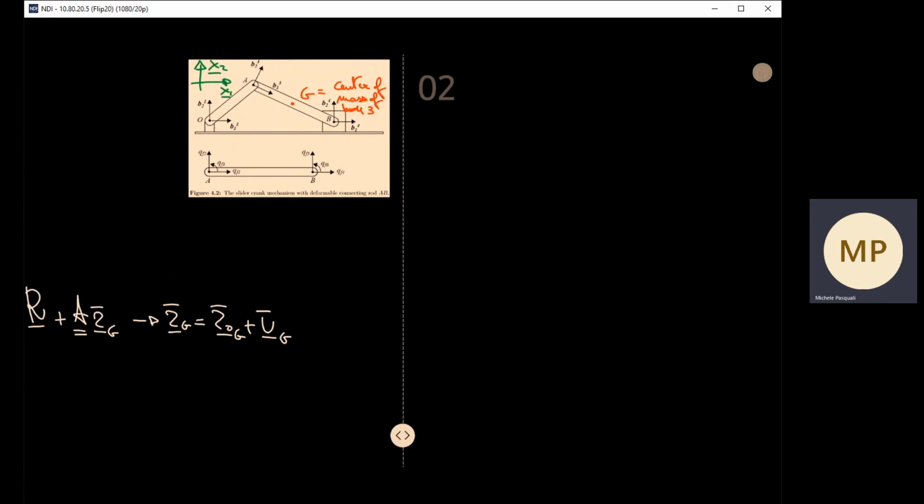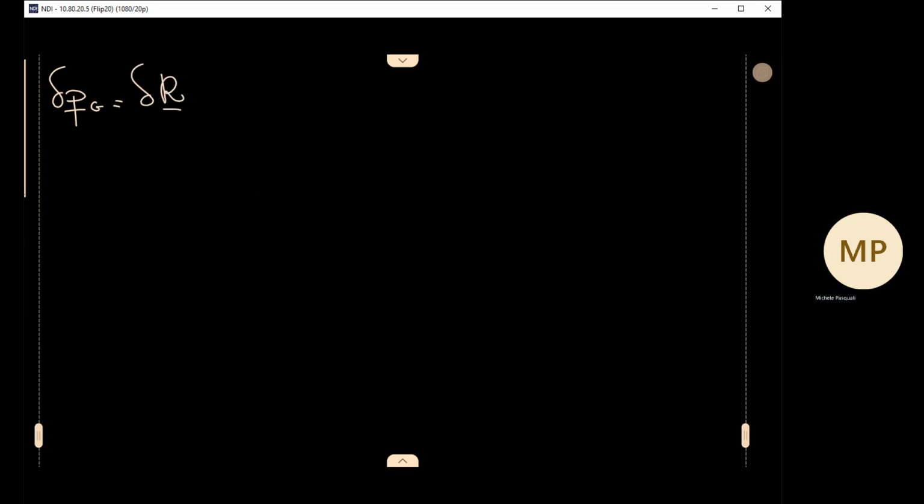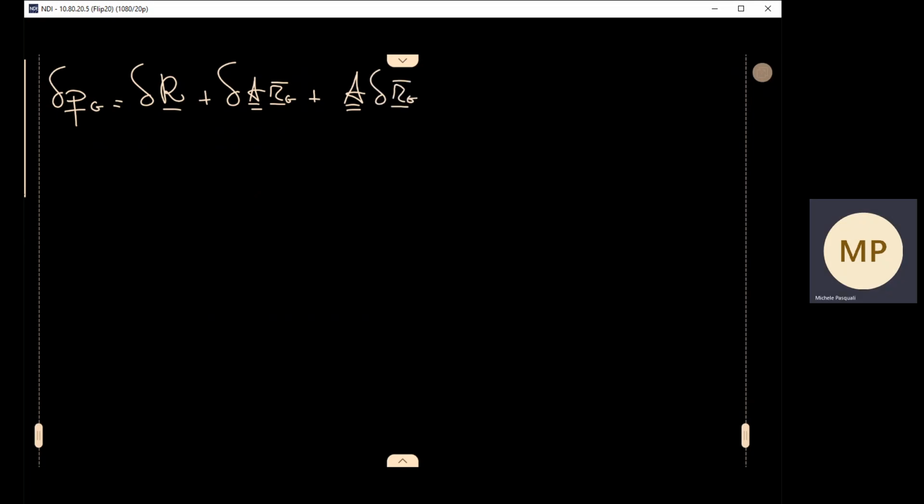So if we put everything back together, we have that delta PG is delta R, of course, plus delta A applied over RG bar, plus A applied over delta RG.